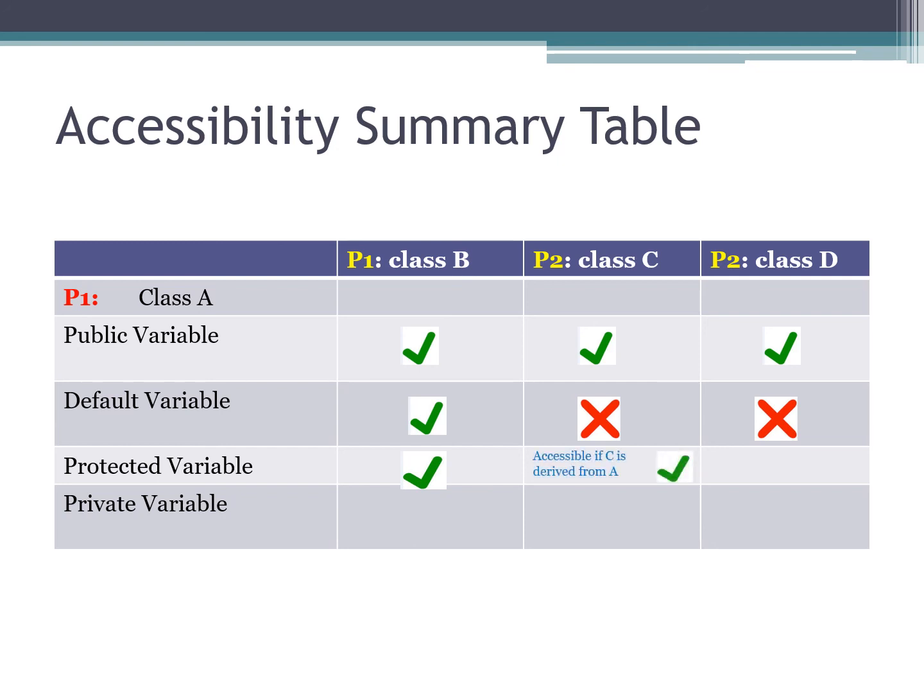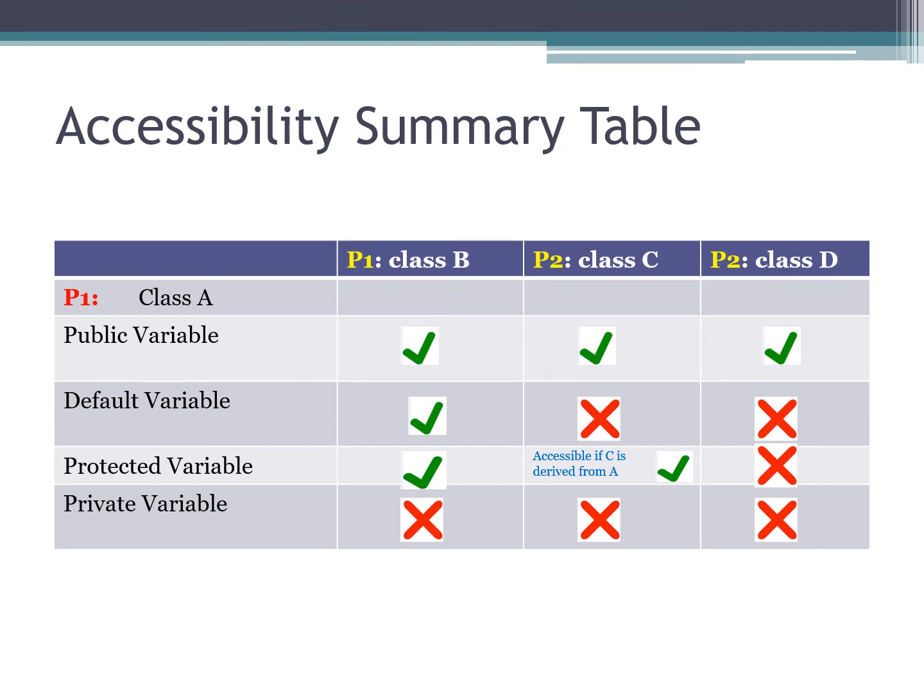It is accessible in C if C is derived from A. This is the restriction: there has to be some relation between class A and class C. And class D, which is in package P2, is not able to access the protected variable of class A. And lastly, private variables are not accessible in any of the other classes. They are accessible only in the class in which they are declared.